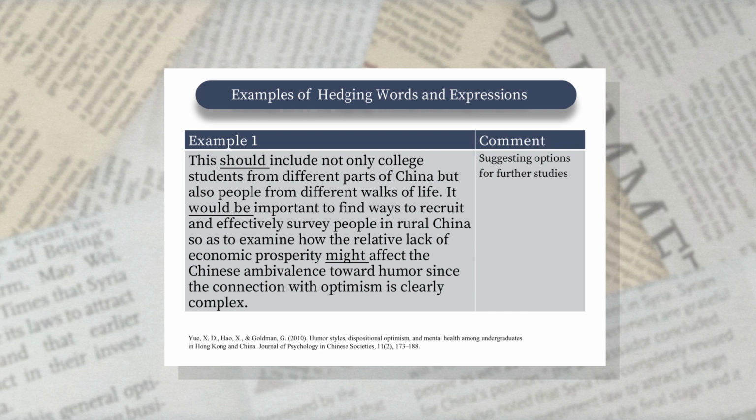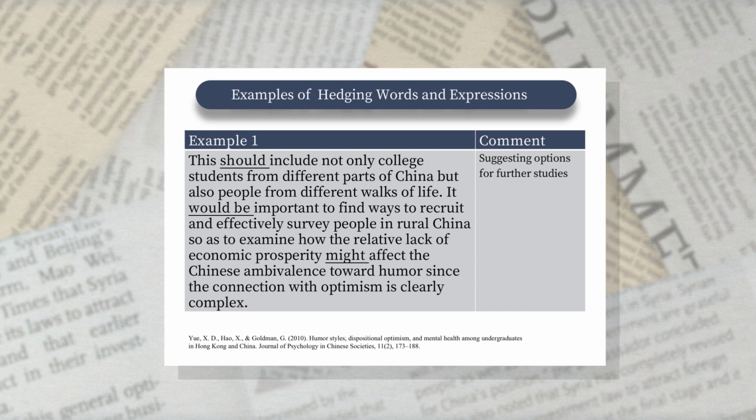Now, let's give you an example of hedging words and expressions. This should include not only college students from different parts of China, but also people from different walks of life. It would be important to find ways to recruit and effectively survey people in rural China so as to examine how the relative lack of economic prosperity might affect the Chinese ambivalence towards humor, since the connection with optimism is clearly complex.